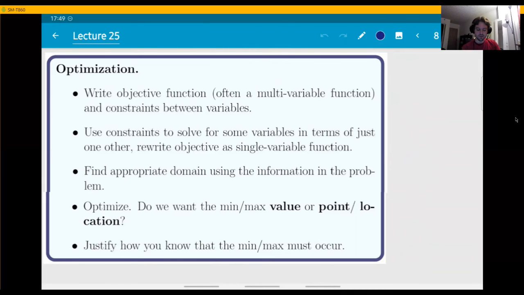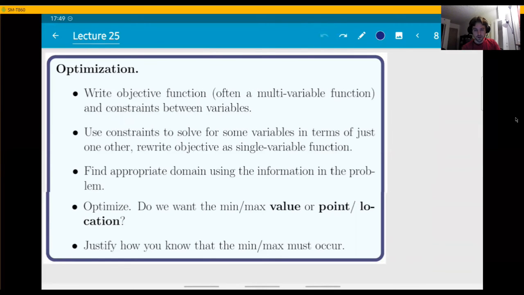Remember how optimization works. You're going to have an objective function. Often this is a multivariable function that you want to make as large as possible or as small as possible. And you're also gonna have some constraint functions between the variables.